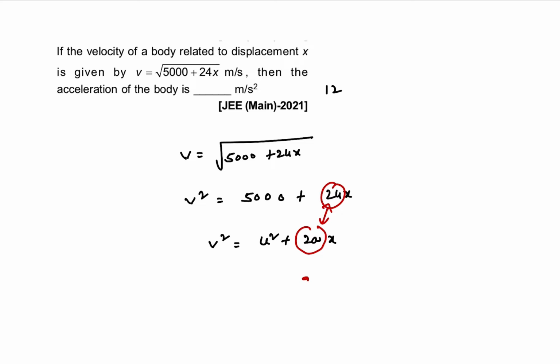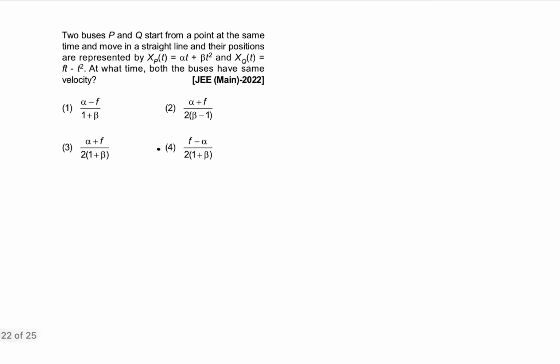Now you can see 2a and 24. As it is the same, we can write 24 is equal to 2 into a, so a is equal to how much? 12 meter per second square. If you want, you can also do it like v dv by dx is equal to acceleration, no? That also you can do, the same kind of relation you will get. Okay, so the answer is equal to 12.